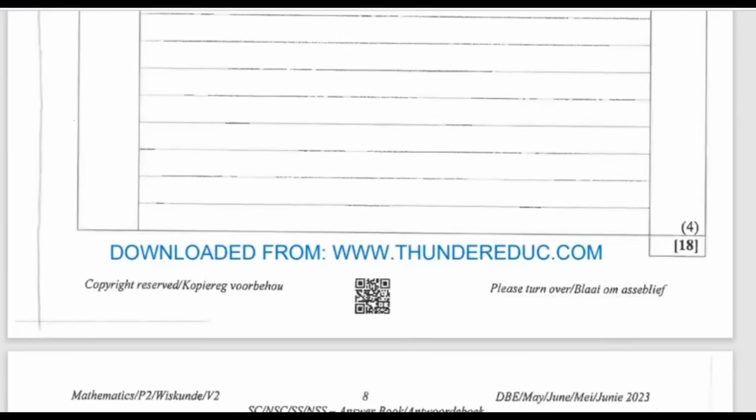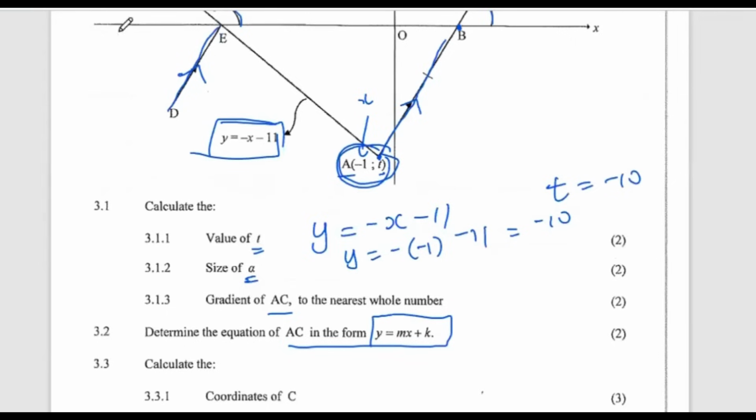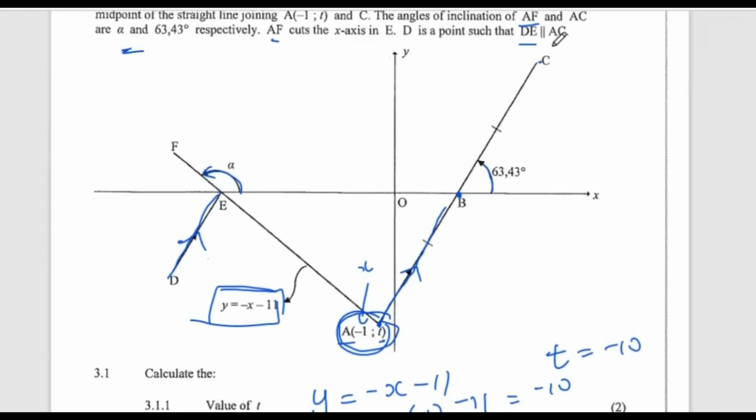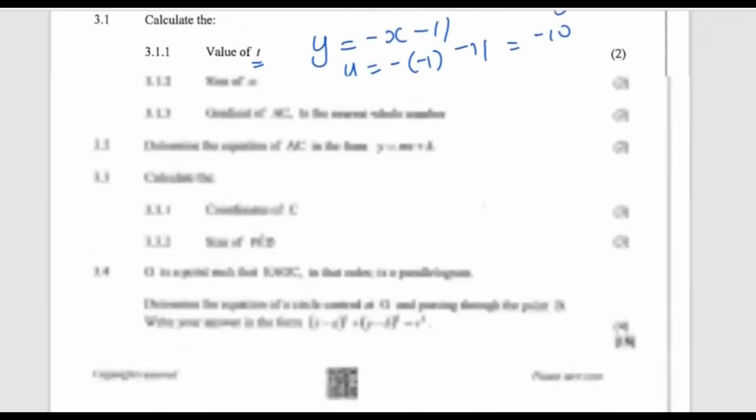And then 3.3.1. They want us to get the coordinates of C. Since we have the equation, for us to get the coordinates of C, we need to know the coordinates of B first. Then we can apply our midpoint formula.